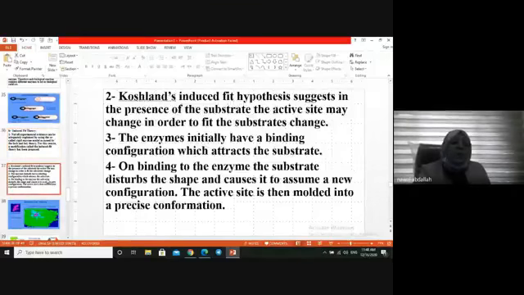The induced fit theory, proposed by Koshland, says the enzyme initially has a binding configuration which attracts the substrate. The substrate disrupts the shape and causes it to assume a new configuration. The active site is then molded into the precise conformation.